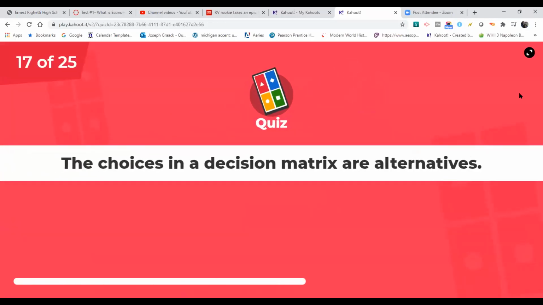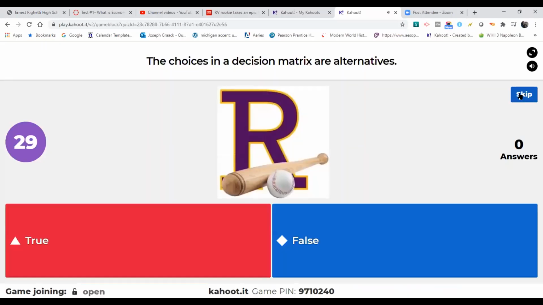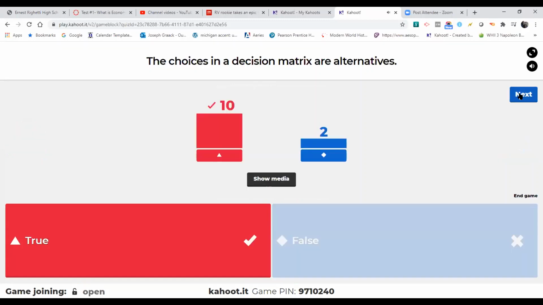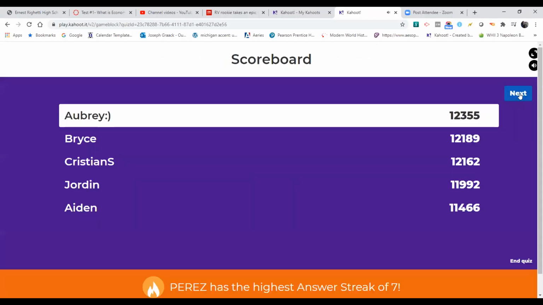Got a race. Choices in a decision matrix are alternatives. Is that true or false? That's true, right? Decisions made are based on the alternatives.